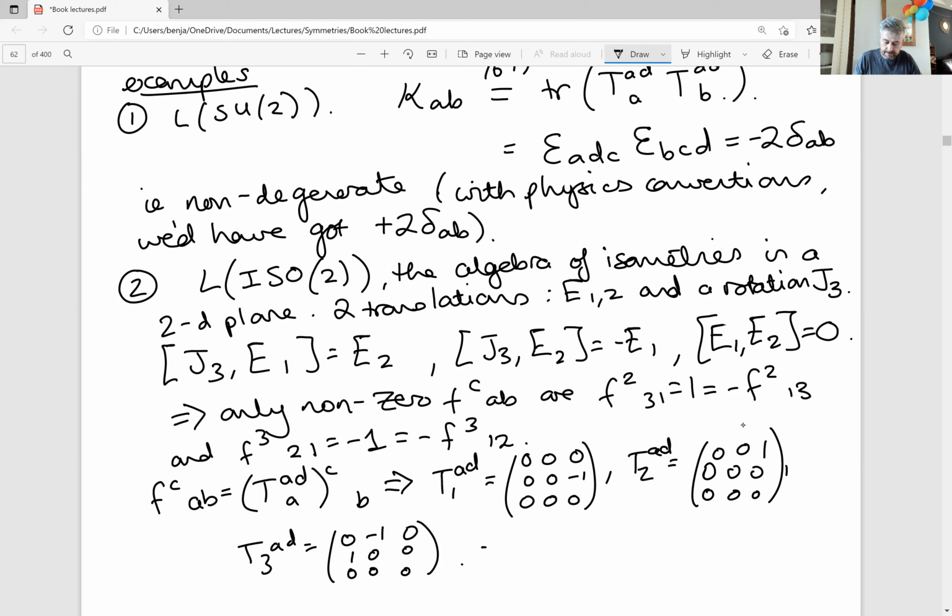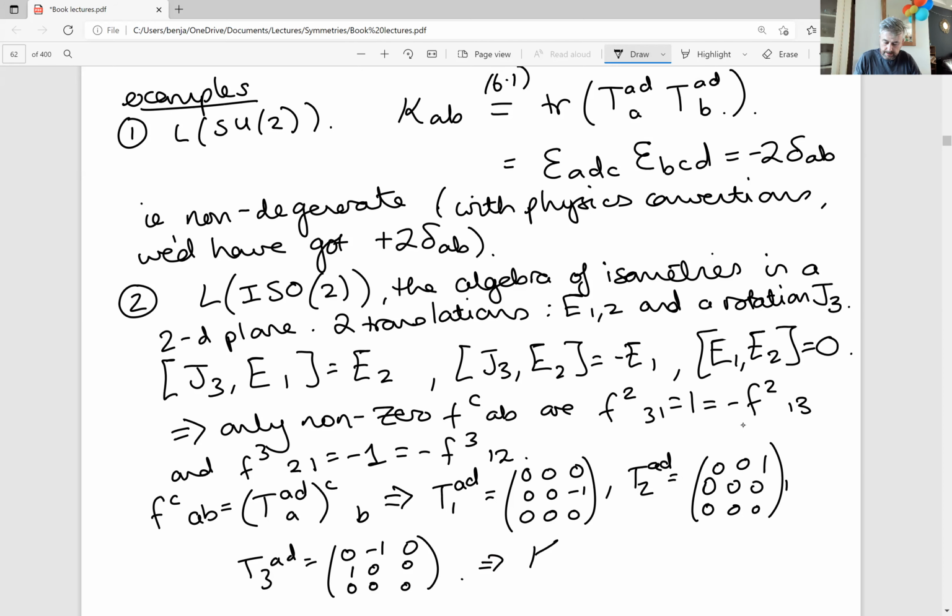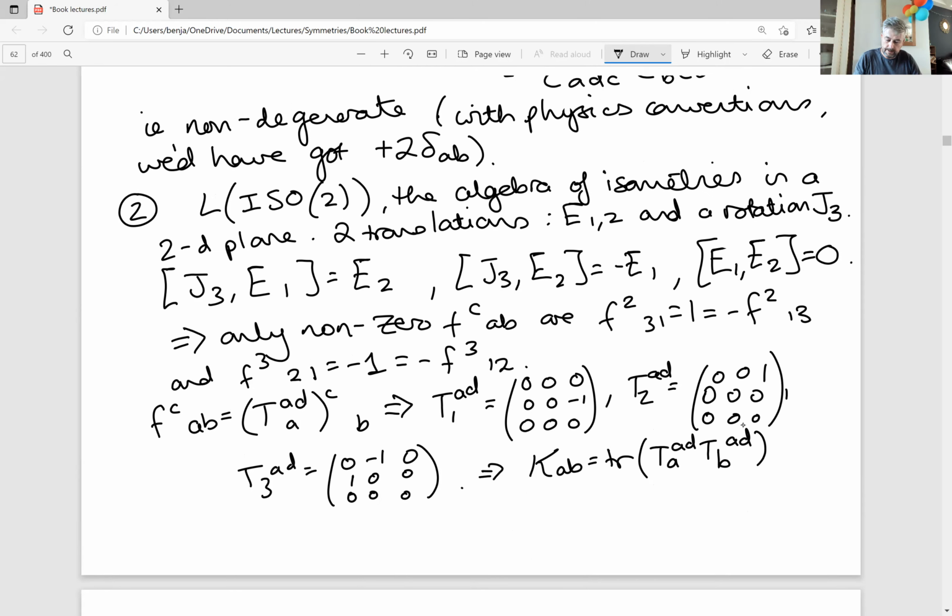So what all this means is that our metric kappa_AB, which is the trace of T_A adjoint T_B adjoint, you can calculate it from these matrices, and you get zeros everywhere apart from the trace of T3 adjoint squared. So you get minus 2, 0, 0, 0, 0, 1.